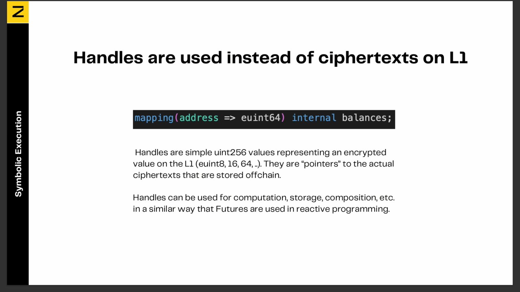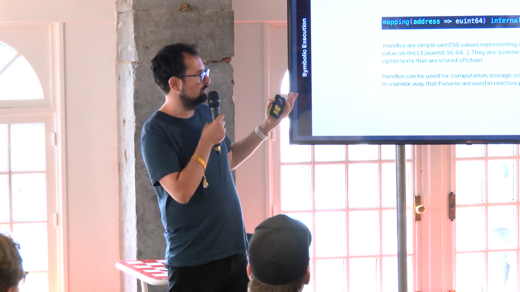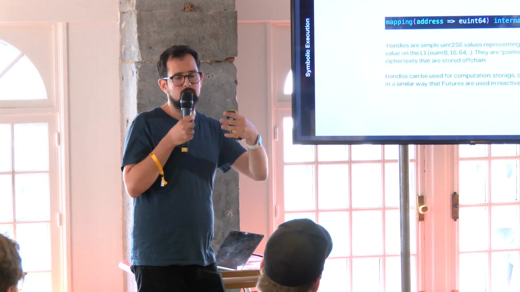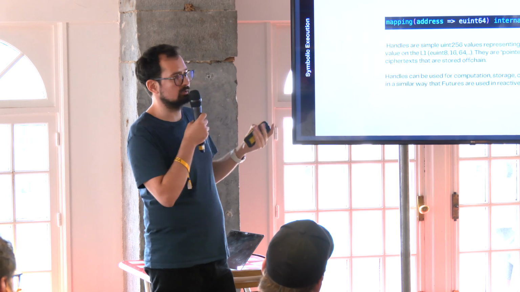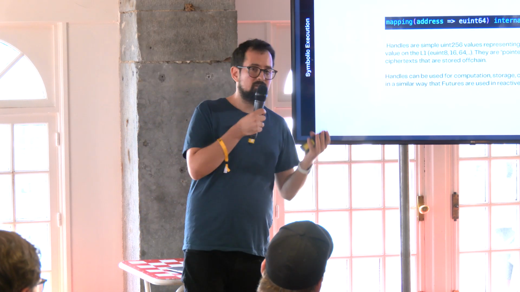And you can think of these handles as futures in the sense that when you do A plus B on L1, the result is a future that will eventually be resolved when the coprocessor does the computation. So it's asynchronous in some sense.